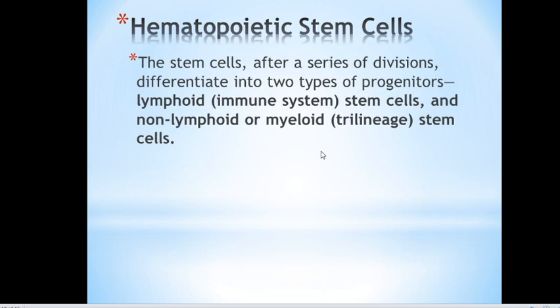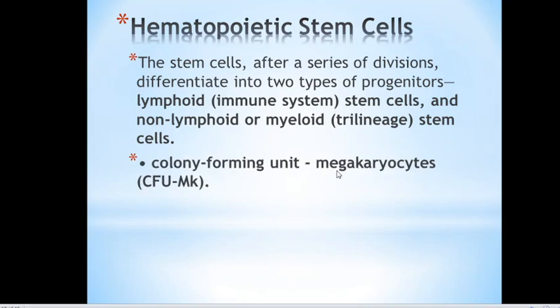The stem cells, after a series of divisions, differentiate into two types of progenitors. We have the lymphoid stem cells and the non-lymphoid or myeloid stem cells. We call it the trilineage, and for lymphoid we call it the immune system stem cells.